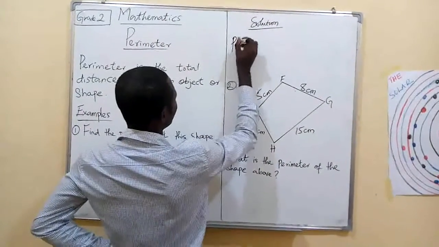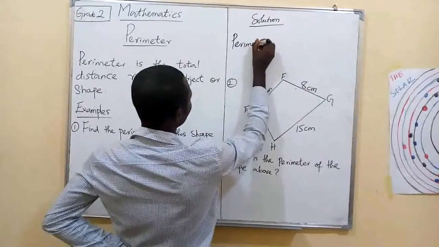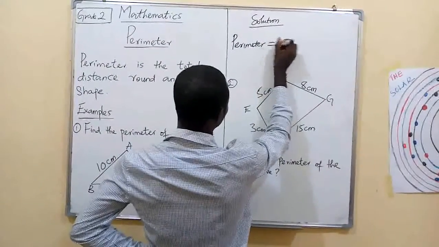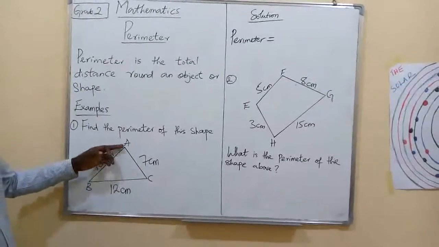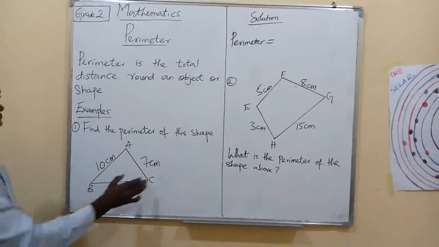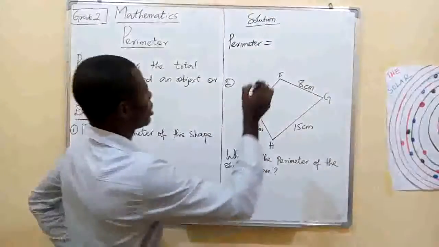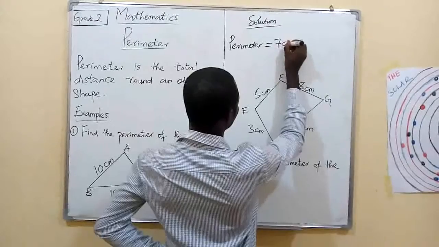Our formula for perimeter is equal to, let's start with AC. AC is what? How many centimeters do we have there? 7 centimeters.